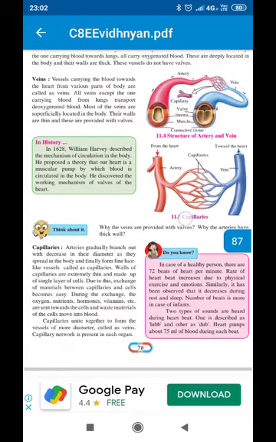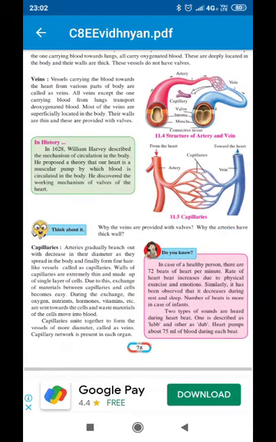Vessels carrying blood towards the heart from various parts of the body are called veins. All veins except the one carrying blood from the lungs transport deoxygenated blood. Most veins are superficially located in the body, not deep rooted. Their walls are thin and they are provided with valves.